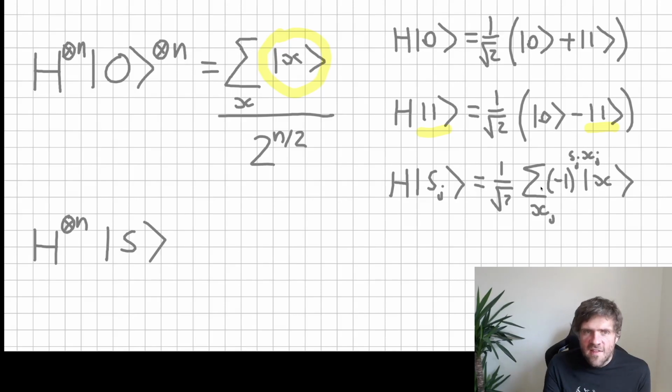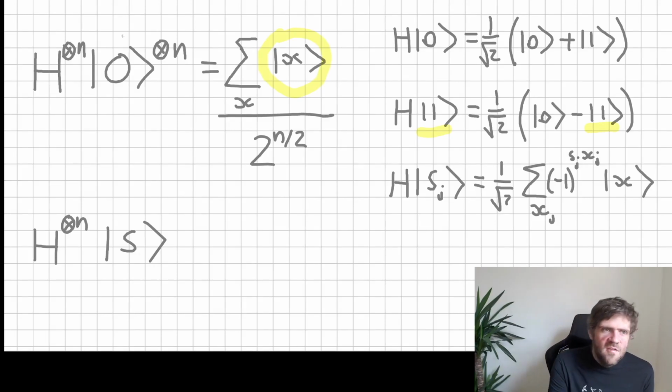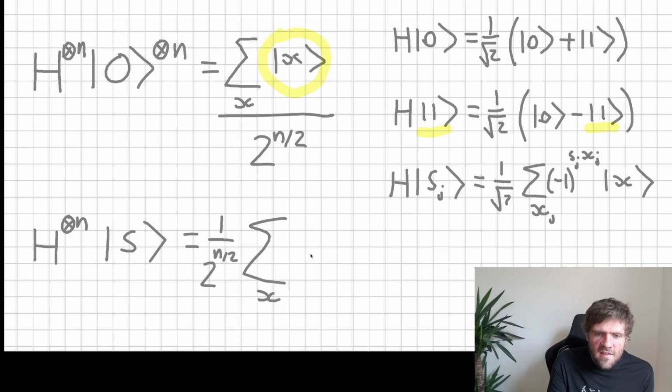And so this is satisfied by this particular form of the equation, because in any other case, then that product will evaluate to a 0, and (-1) to the 0 is 1. So in this larger case, we can say that this is, again, 1 over 2 to the n over 2. And then the sum over all x, and then (-1) to the power of, well, something, but let's write that in there in a minute.